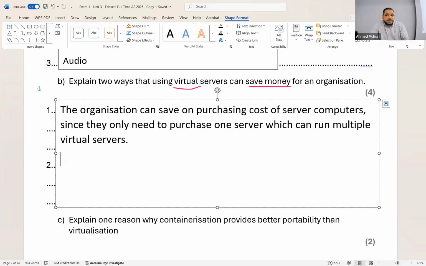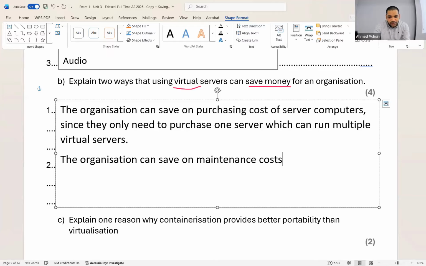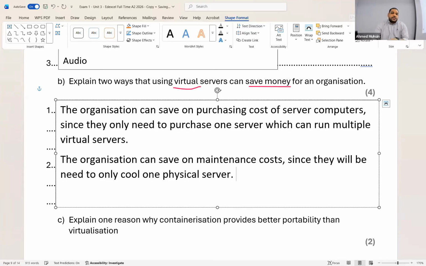Maintenance cost meaning, how many servers are you going to be cooling? You will only be cooling one server, right? Dishan, you with me? Okay, you will be only cooling one server. You can say the organization can save on maintenance costs since they will need to only cool one physical server.